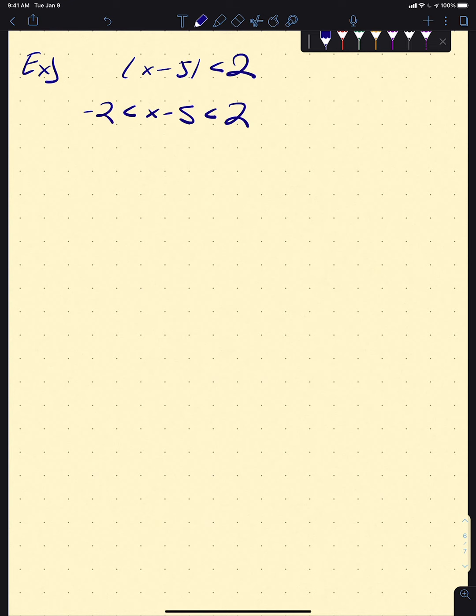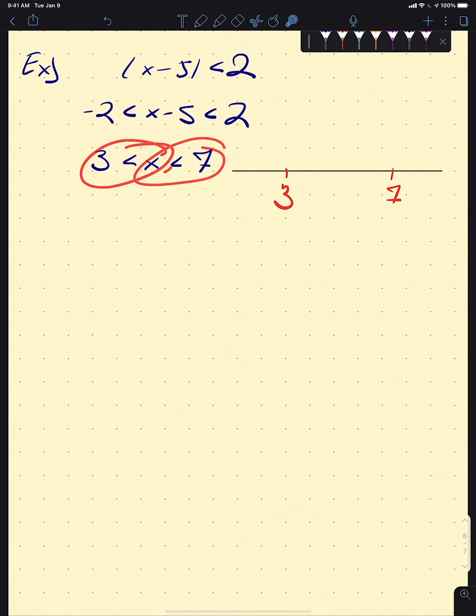To solve this, we would do what we did before: add 5 to all of the sides. And it looks like you would get 3 is less than x is less than 7. We can throw this on a graph nice and easy. You might have 3 here, 7 here, and we're looking for the set where you're less than 7 and greater than 3. That would be right here. We're open on both sides because it's not equal to, and it's this middle area right there.